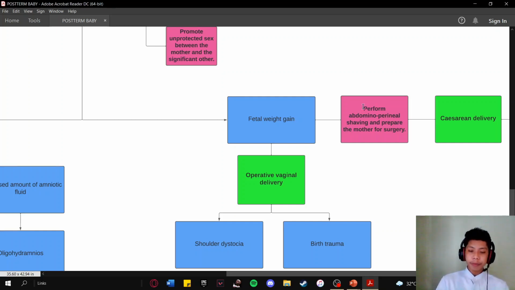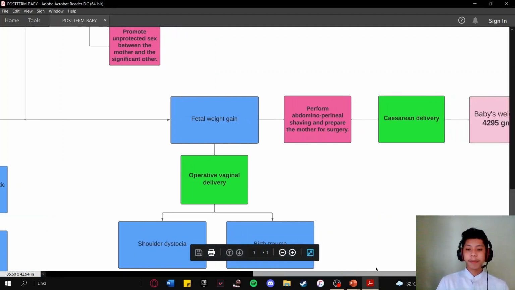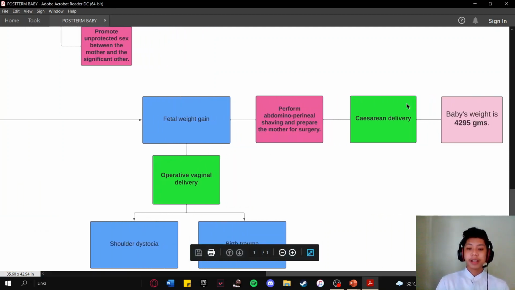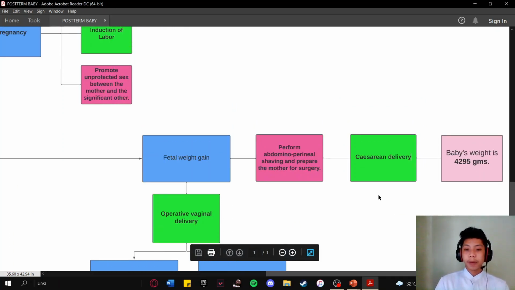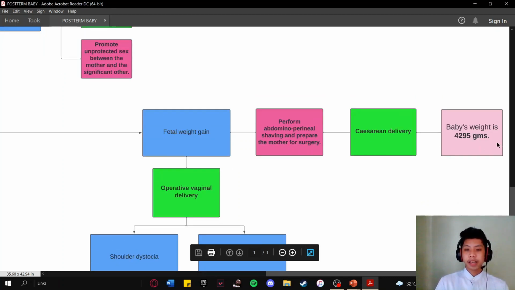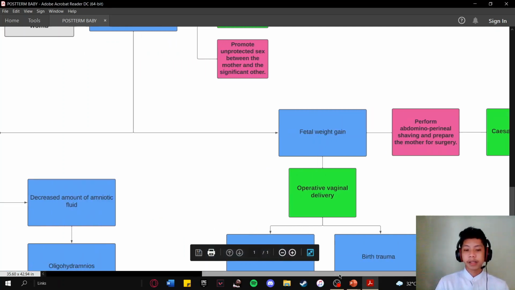Once the mother is prepared, cesarean delivery can be performed, and upon CS, we found that the baby's weight is 4,295 grams.